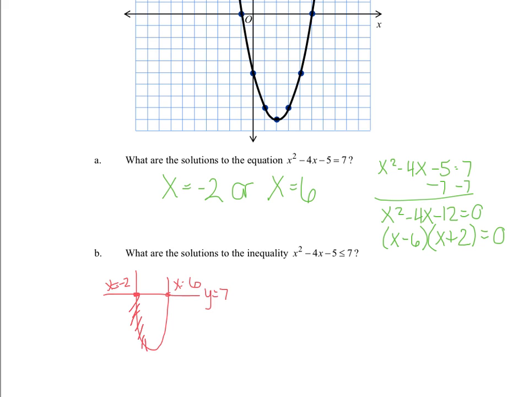So basically that's going to be all of these y values, which is all of the x values in between -2 and 6. So our answer is -2 is less than or equal to x, which is less than or equal to 6. Or we can write it in the notation [-2, 6] with brackets to show that it includes those two numbers.